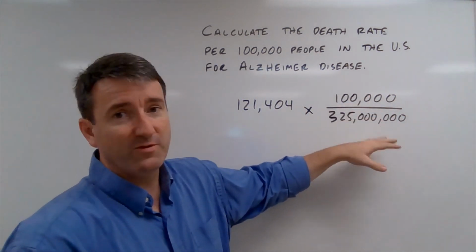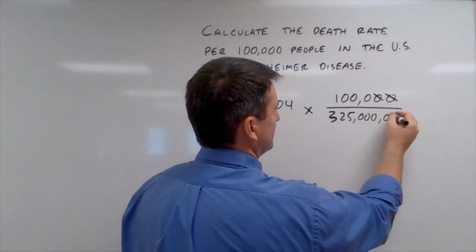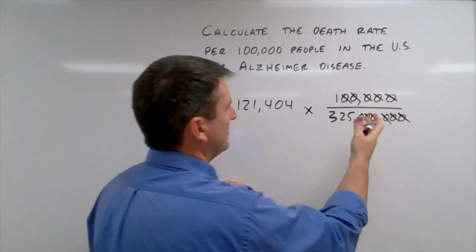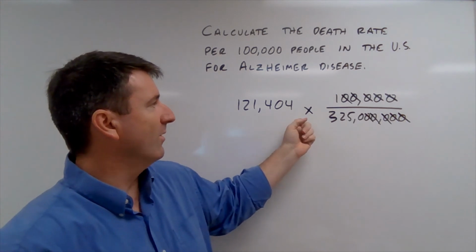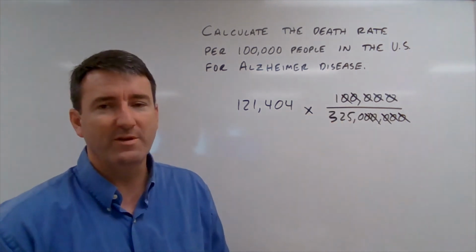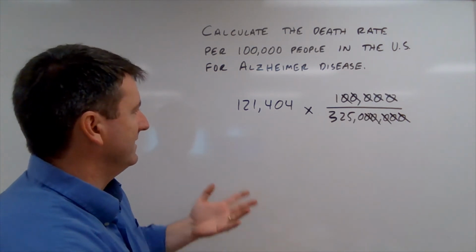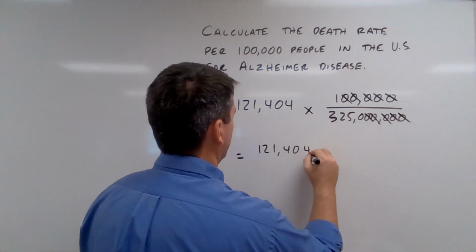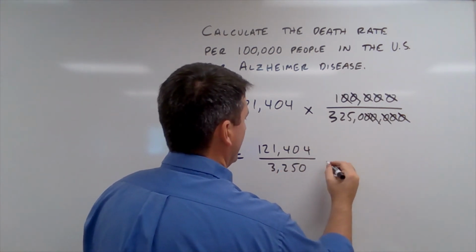And now we have this fraction that we can reduce by canceling some zeros here. And so we get 121,404 times 1 over 3,250, which is just equal to 121,404 divided by 3,250.